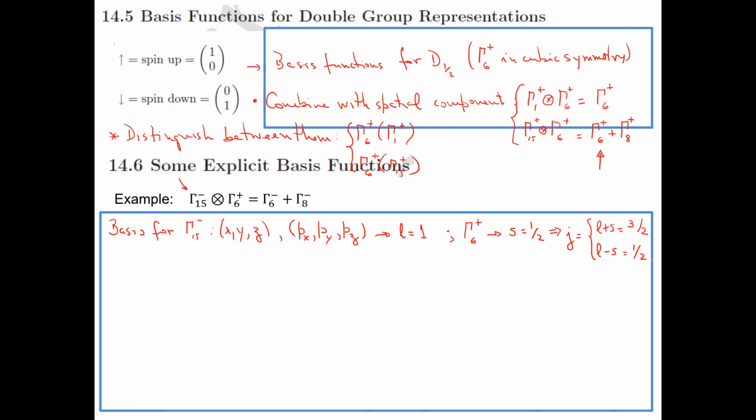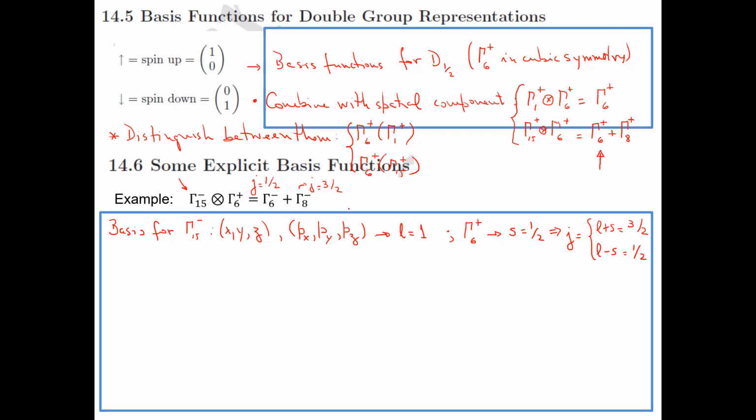So from the simple exercise that we did last time, we already know what the J values of these two levels, gamma 6 minus and gamma 8 minus, are. The gamma 6 corresponds to J equals 1/2, and the gamma 8 will correspond to J equals 3/2, because this is how the spin orbit coupling Hamiltonian will split those states.